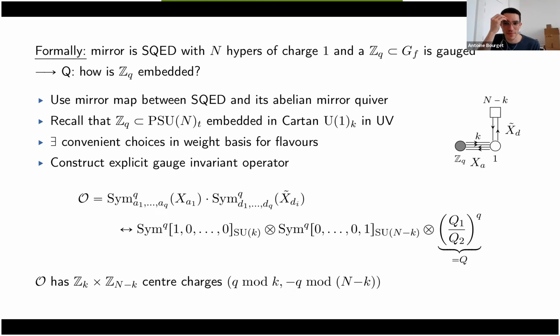For some reason I prefer putting it on one set and not on the other, but in principle you can. There's some freedom in assigning how the ZQ acts, simply because there's a U1 freedom. Yeah, okay, thank you. We're going to see this sort of freedom again later on when we go to the TSVM things.